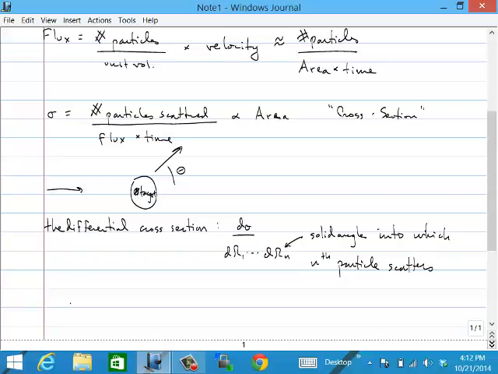So that, for example, the total cross-section, the total number of particles scattered, will be something like the integral of d sigma over d omega 1 up to d omega n, integrated over d omega 1 up to d omega n. Okay, I guess that's a sort of trivial formula.